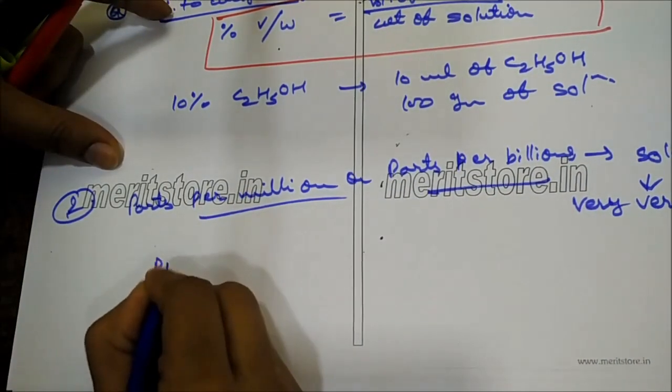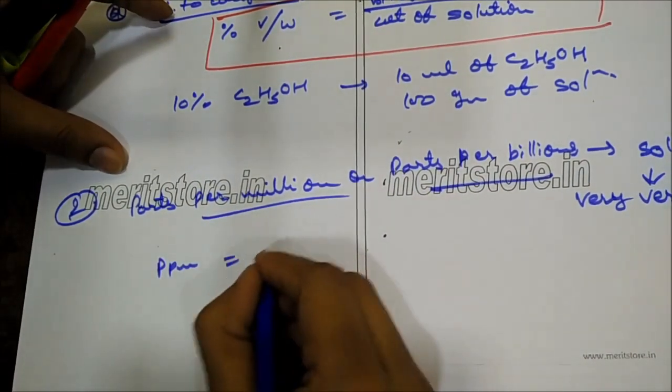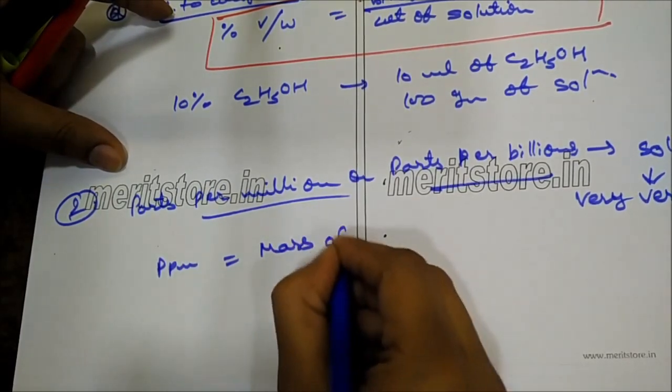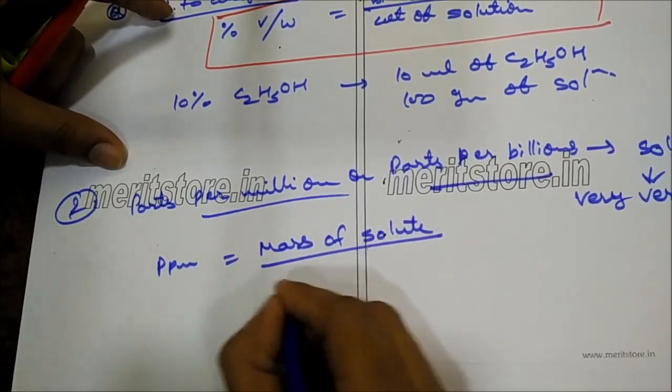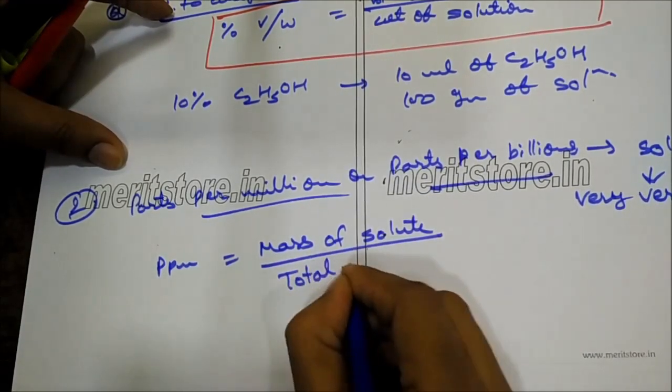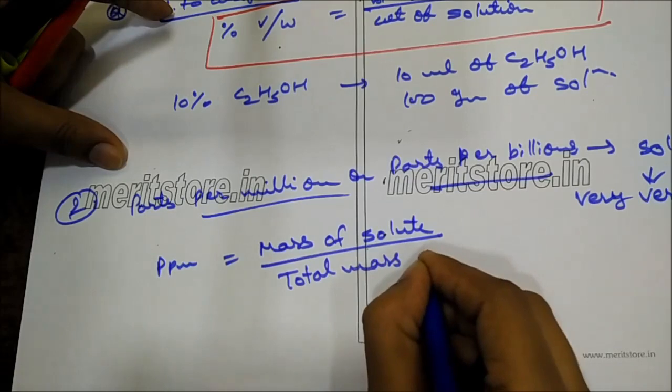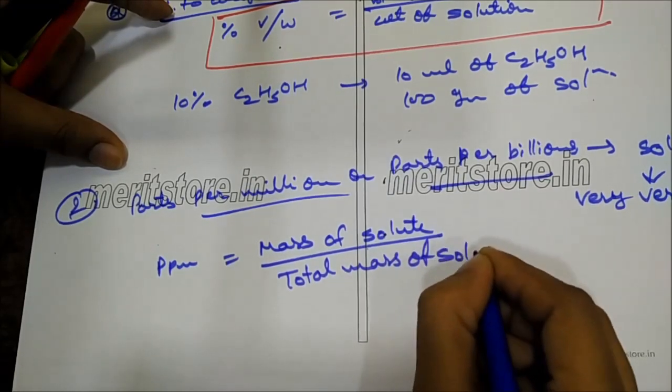So the formula for ppm is mass of solute divided by total mass of solution.